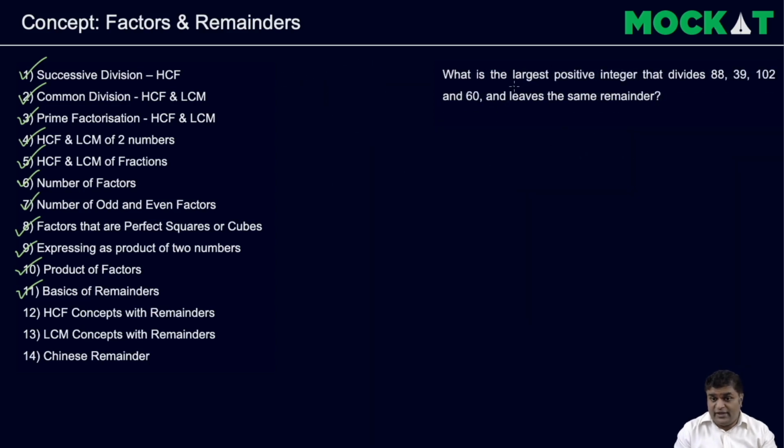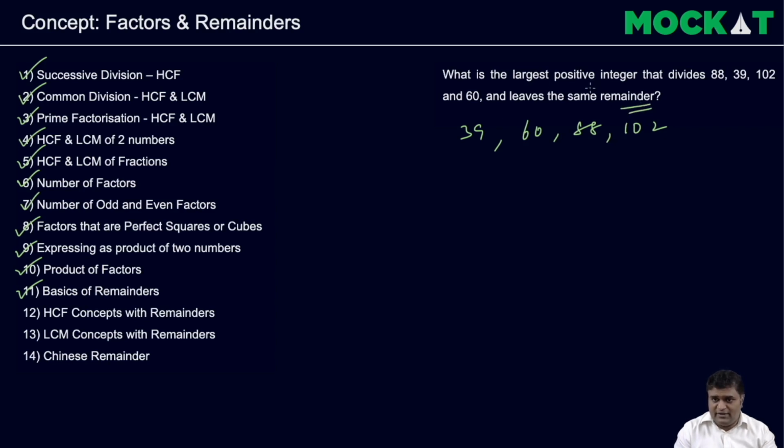The next concept is to find the largest positive integer that divides 88, 39, 102 and 60 and leaves the same remainder. You first write them down in ascending order: 39, 60, 88 and 102. We do not know the remainder, but we know that it's going to be the same.